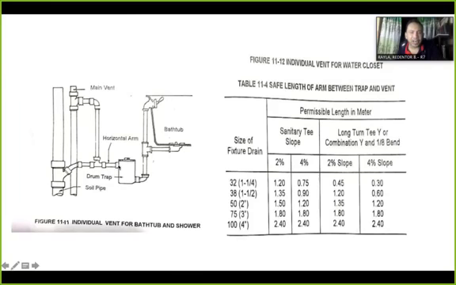So this is the arm connecting to the vent. The permissible length in meters is provided here. So you have also the size of fixture drain. Where is the fixture drain? So this one, the drain of the bathtub. It goes here. So this is the connection, the opening.